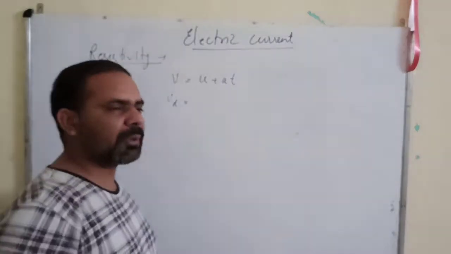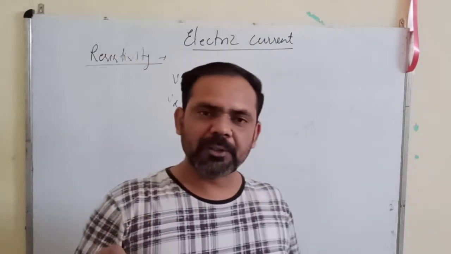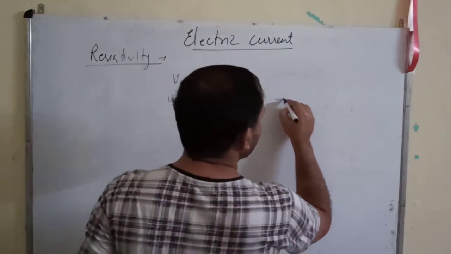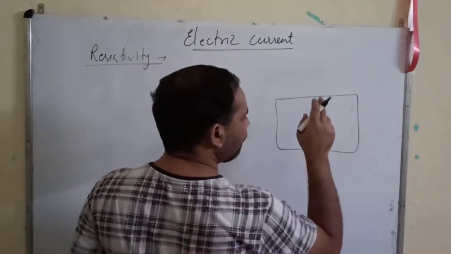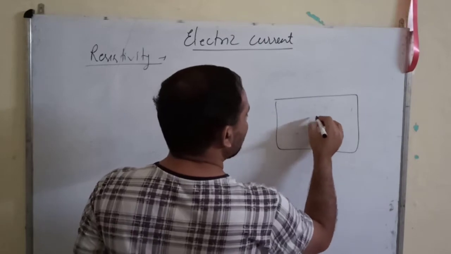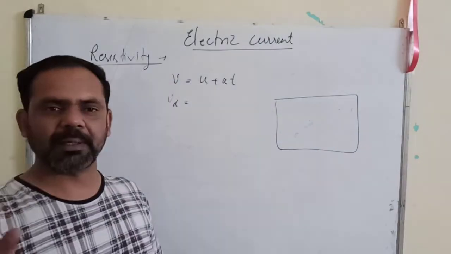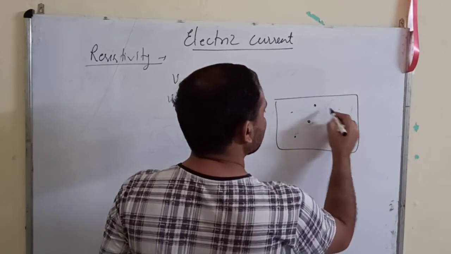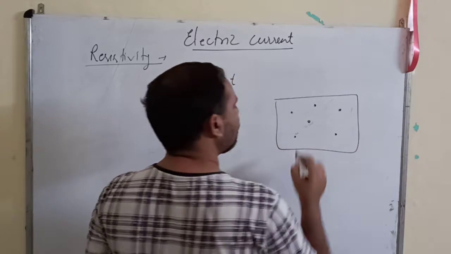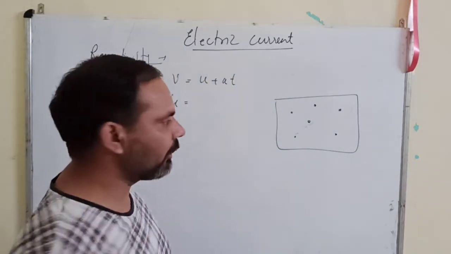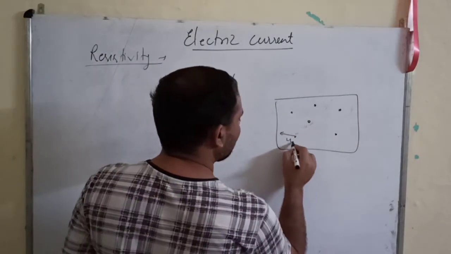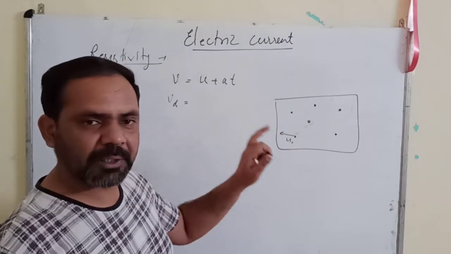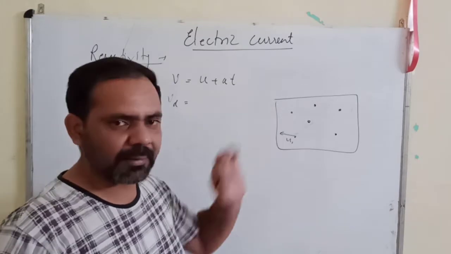Now what is U? U is the average of the initial velocity, because there are a large number of electrons. You cannot consider one single electron, you will have to take U of all the electrons. So how will you take that combined U? You will have to take the average of all the U. Suppose this is U1, where U is the velocity due to the random motion, before applying the electric field.